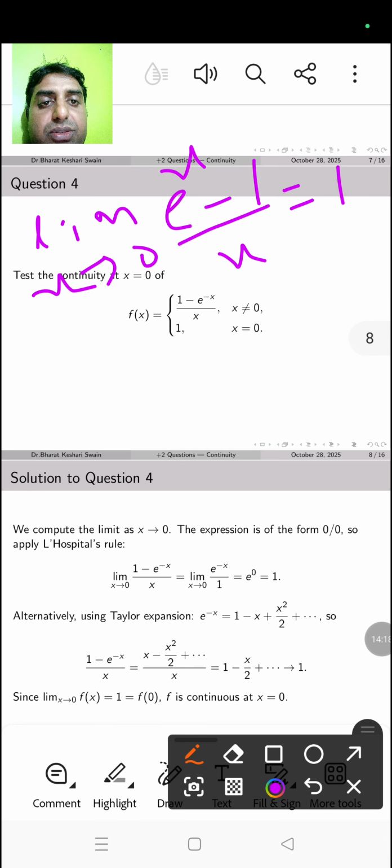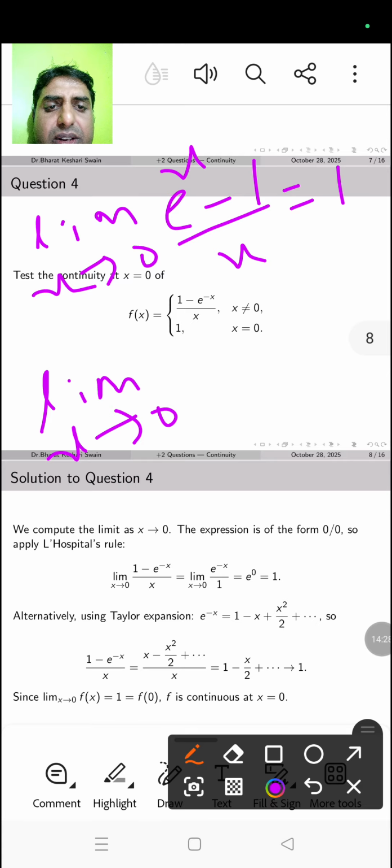Okay, so here to find the limiting value, you can take limit x tends to 0. You can also find the limiting value by checking that your LHL is equal to RHL. Okay, because it is a formula based question, I am applying the direct formula.